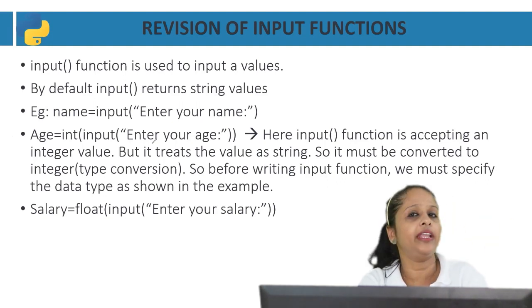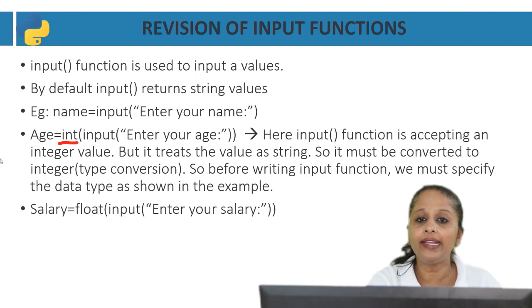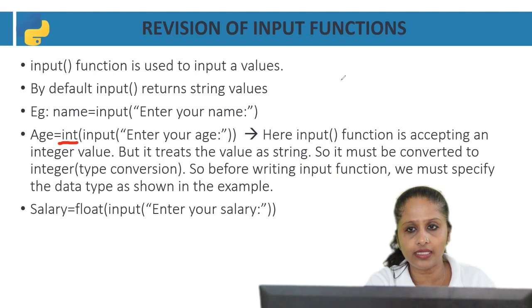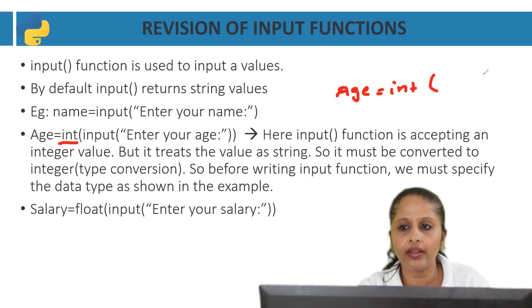You studied already implicit type conversion and explicit type conversion. So here you can see I have written int statement. So here I am doing an explicit type conversion, that is like age equal to int, and inside the parenthesis, I am giving the input function.